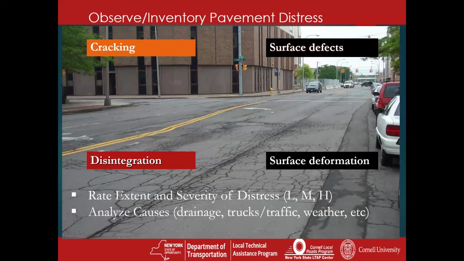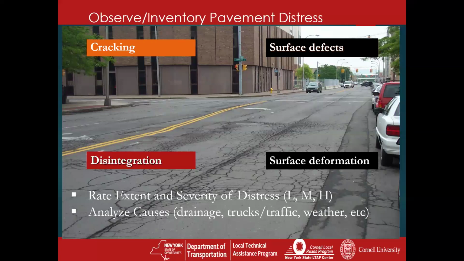So as we go through that treatment selection process, you're going through and observing and inventorying those distresses. You're looking at your cracking, your alligator cracking, transverse, longitudinal cracking. You're looking at your disintegration, which is simply your cracks turning into potholes. You're looking at your other surface type of defects.